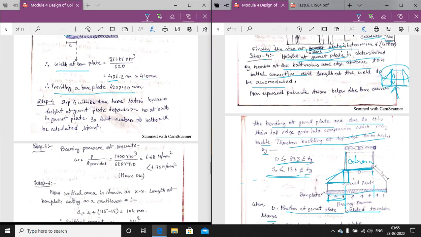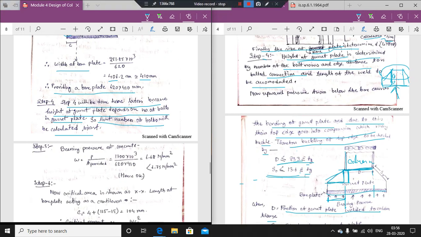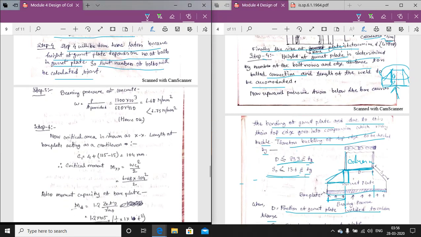So it will be done in the next step. Step number 4 will be done later, because the height of the gusset plate depends on the number of bolts in the gusset plate. So first the number of bolts will be calculated. For calculating the number of bolts, we need the thickness of the section. First the thickness of the section will be determined, then we will go to step number 4.